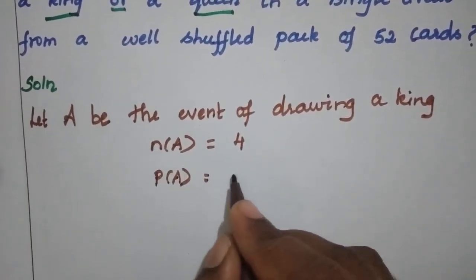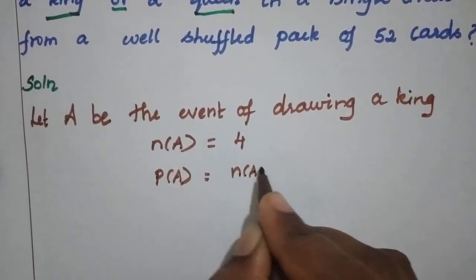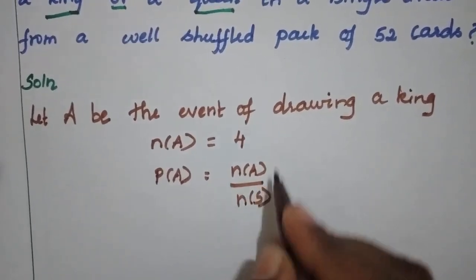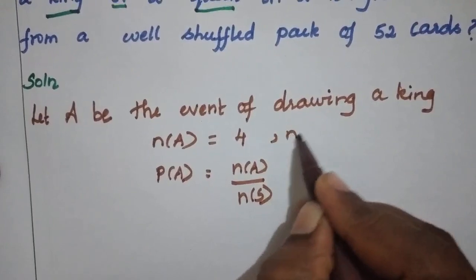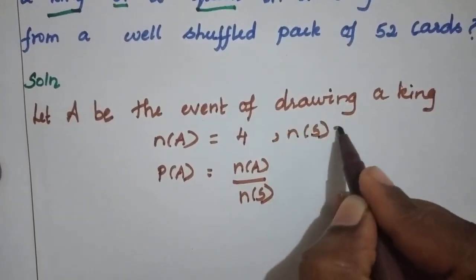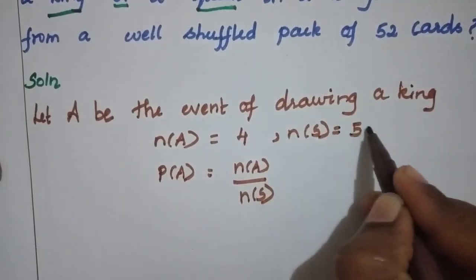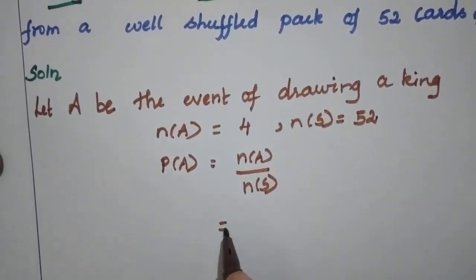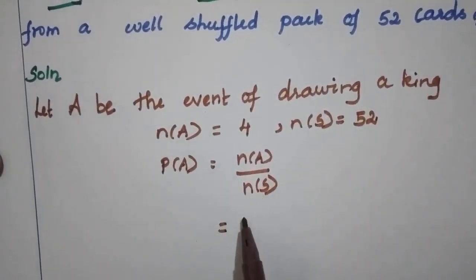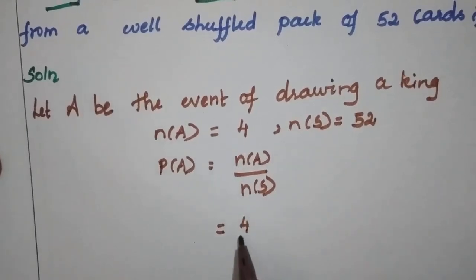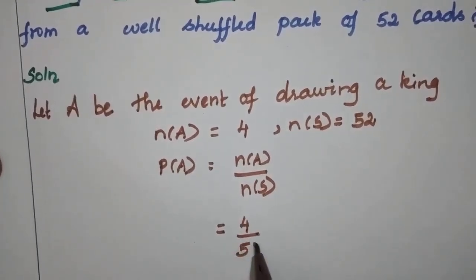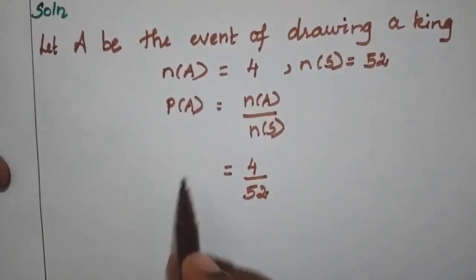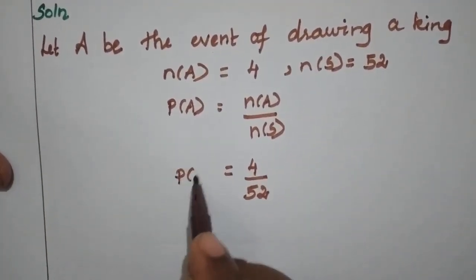P of A is equal to N of A by N of S. So N of S is, this is a pack of 52 cards, so total number of cards is 52. Now substitute the values here. N of A as 4 and N of S is 52. So this is 4 by 52. This is your P of A.